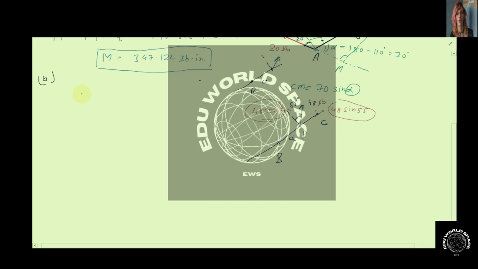Equating the moment, we have already calculated the equivalent moment, that was 347.122. This must equal 48 cos 55 multiplied by A. So A comes out to be 12.608 inches. So this is the answer for the second part.